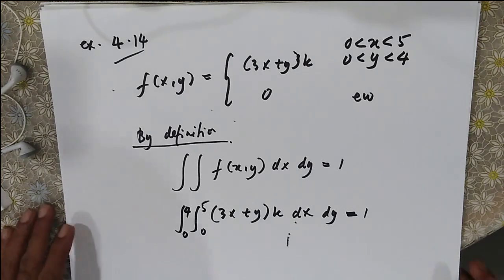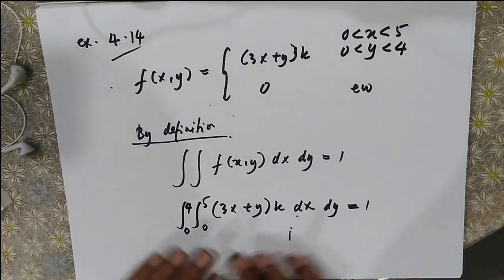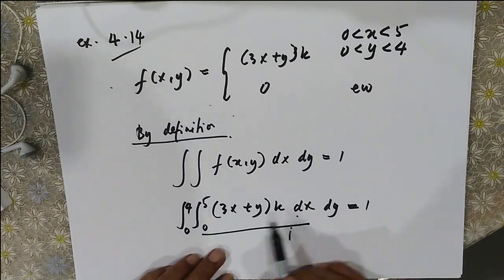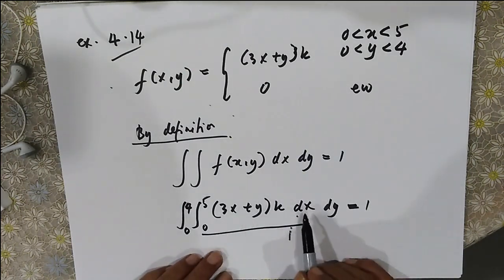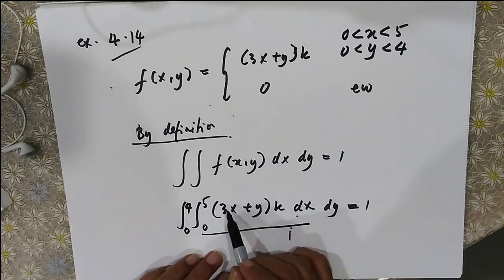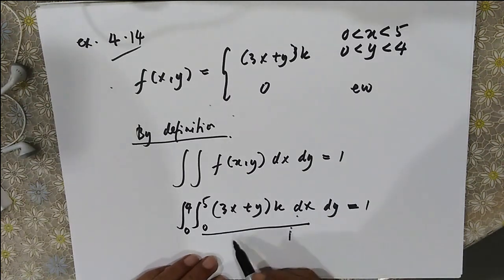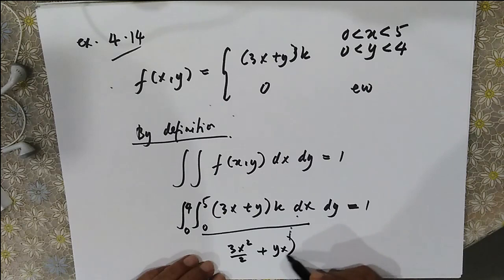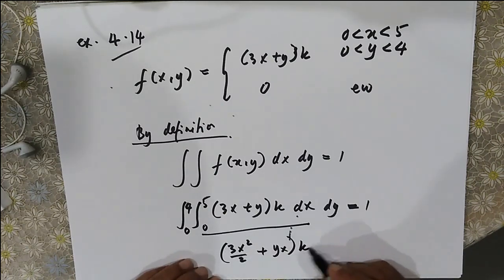Okay. So now, first of all, I integrate with respect to x, the inner part. So if I integrate with respect to x here, I get 3x squared over 2 plus yx, multiplied by k.